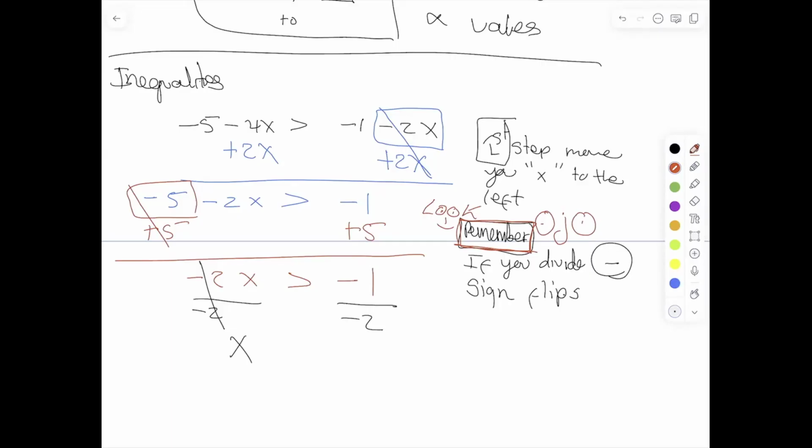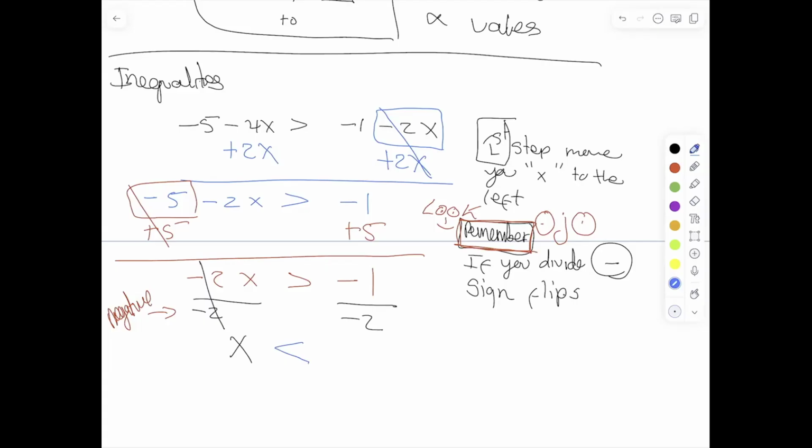Did I divide by a negative? Isn't this a negative? Yeah. So if I divide by a negative, my sign is going to flip. You see how it flips? And now, what is a negative in the negative? Then this becomes a what? Oh, hold on.